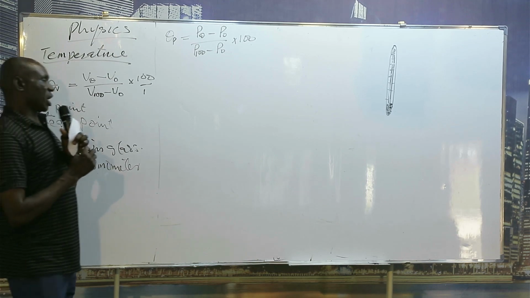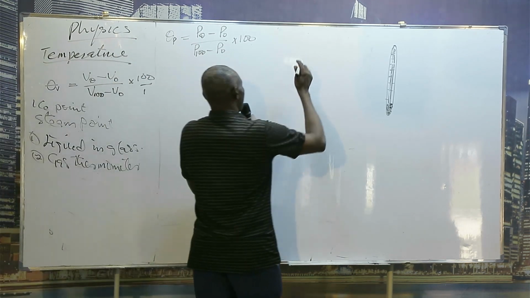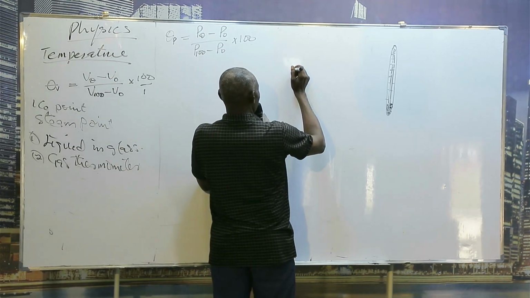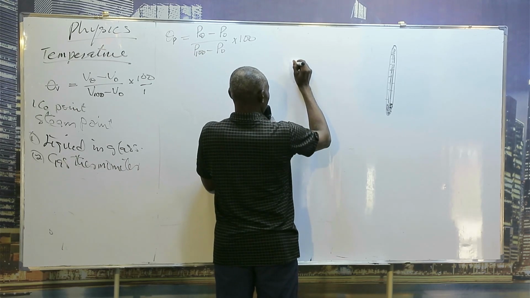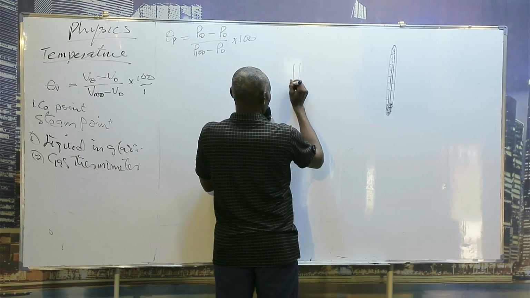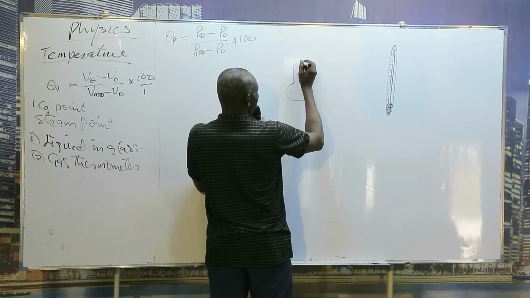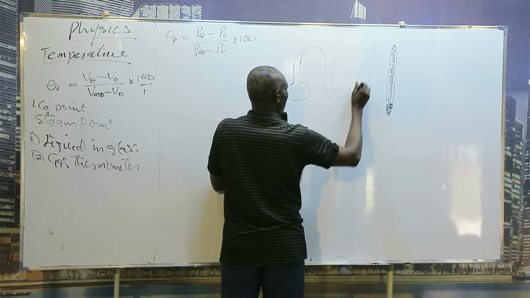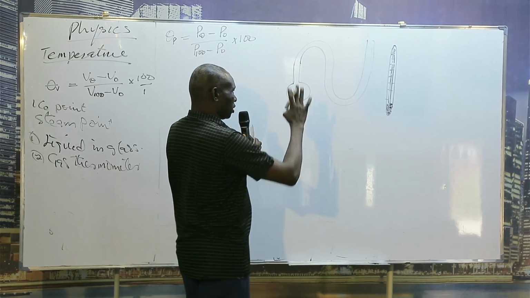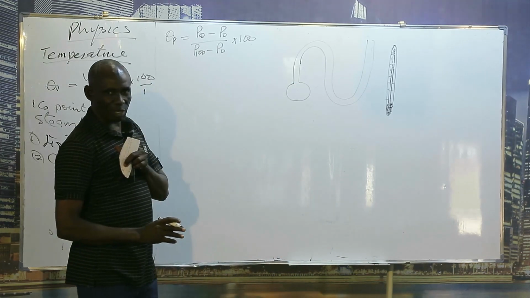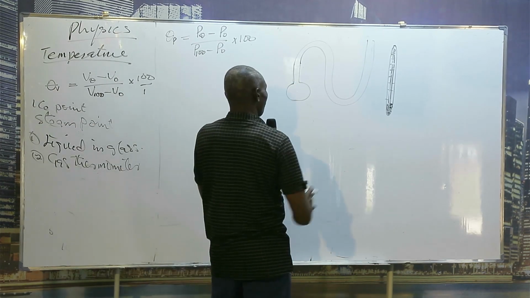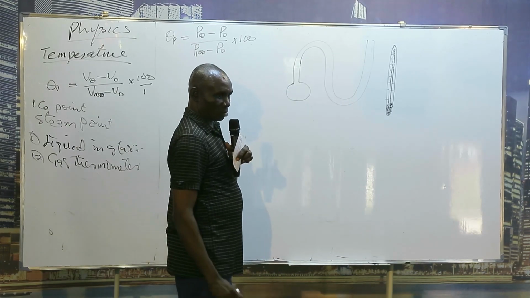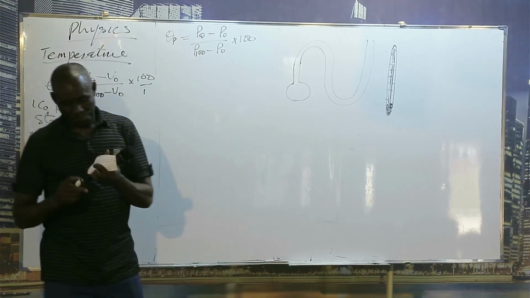I want to remind you again that anytime you talk about this, it is normally raised this way. Just look at the diagram on the board. It's normally raised this way.